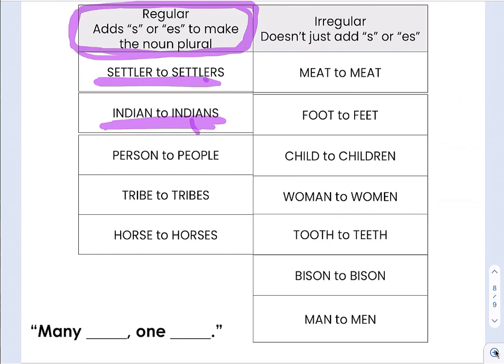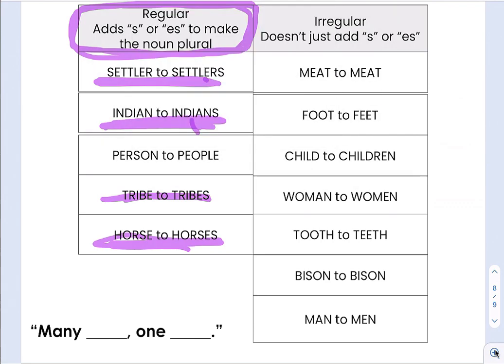Indian to Indians, many Indians, one Indian. Tribe to tribes, many tribes, one tribe. Horse to horses, many horses, one horse.